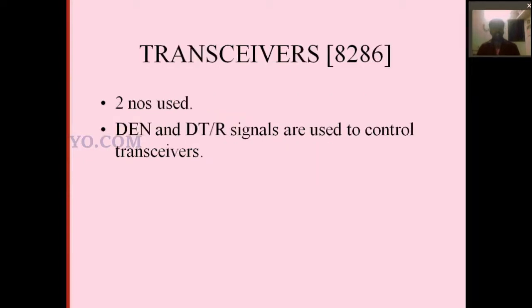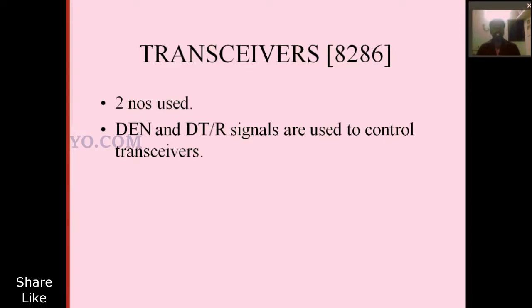Then the transceiver. The second hardware, that is the second IC, is the transceiver 8286. The transceiver is used to control the data flow direction, whether the microprocessor reads or writes. If it reads, the transceiver acts as a receiver. If it writes, the transceiver acts as a transmitter.